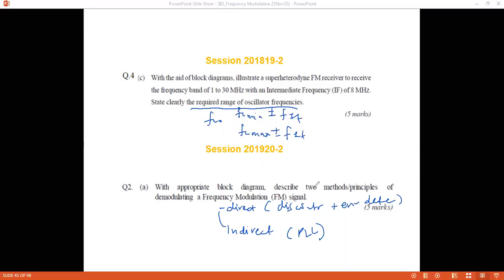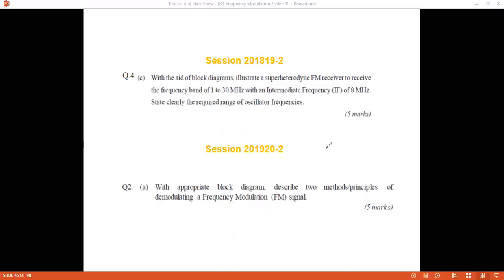The block diagrams are not that complicated, so you should be able to draw the block diagrams and explain briefly. Okay, next.